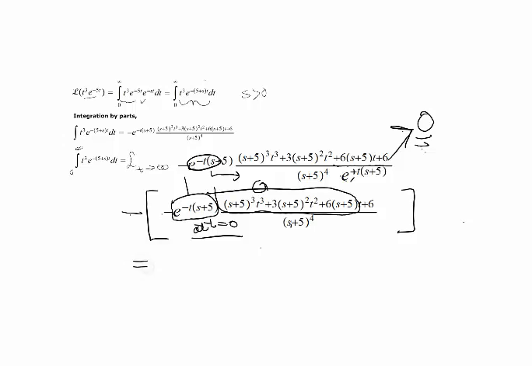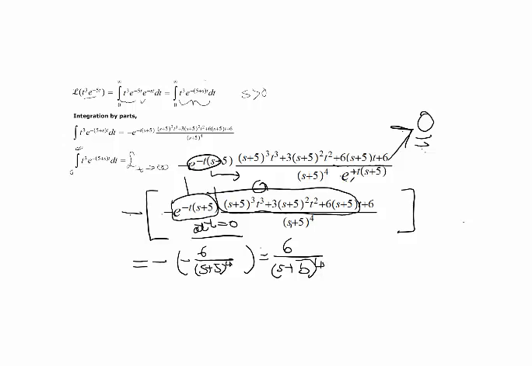So what do you get finally? The only survivor is the portion in this form: negative 6 over s plus 5 to the power 4 with the negatives combining, and that is going to be 6 over s plus 5 to the power 4.